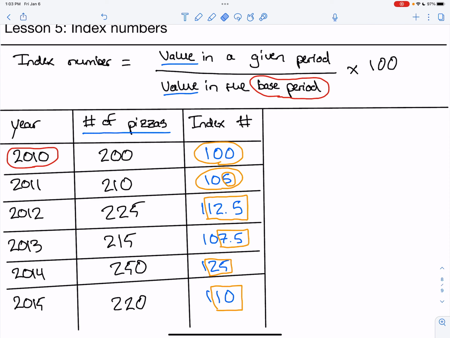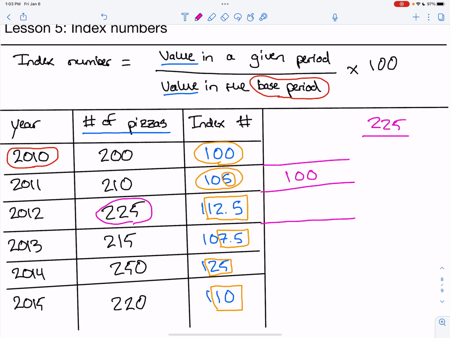So now we know that the index number in 2011 is going to be 100, because the index number in the base year is always 100, okay? So now, how do we find the index number for 2012? Well, we follow the formula. Sorry, because now we're going back to initial quantities of pizzas, right? So 225 divided by 210, right?